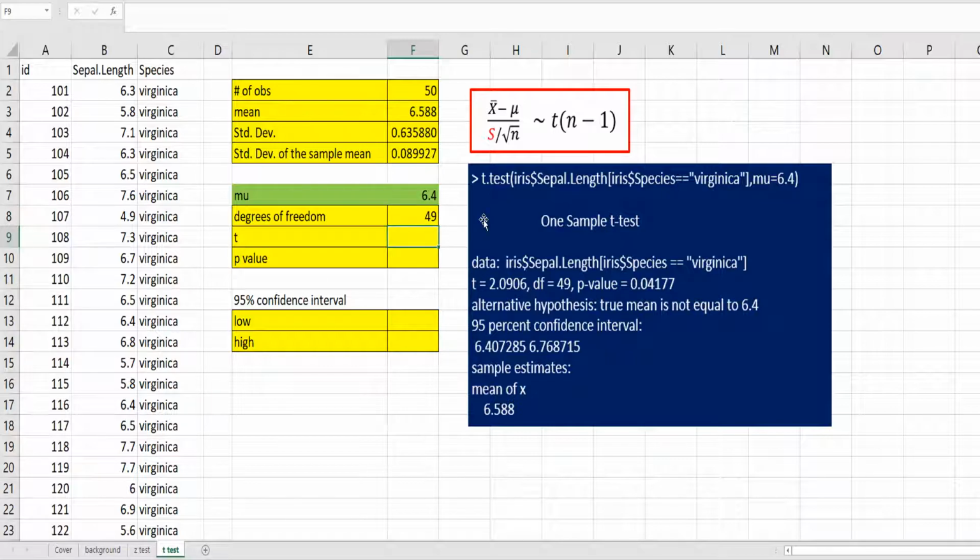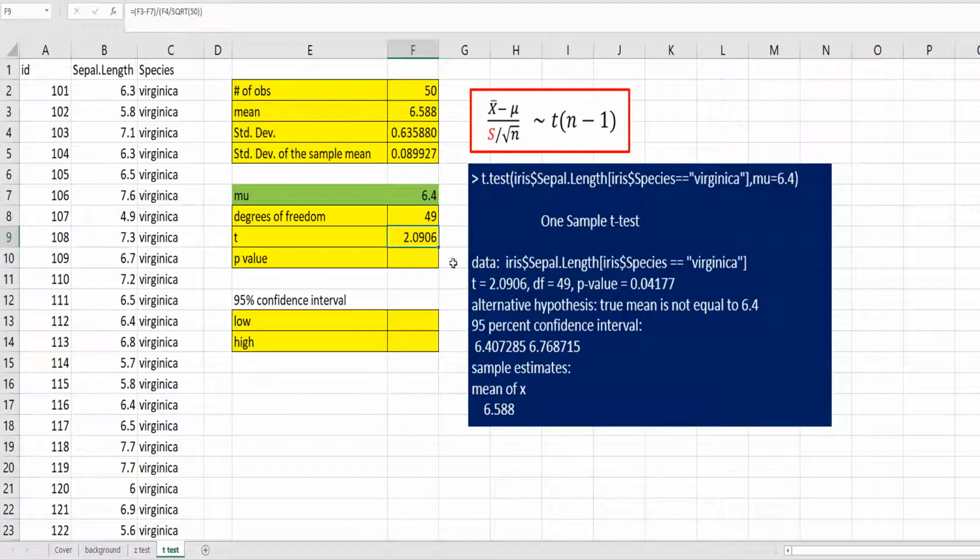And the t value can be calculated by x bar minus mu over the standard deviation of the sample divided by the square root of the number of samples.